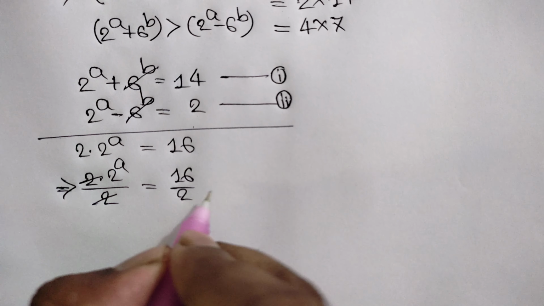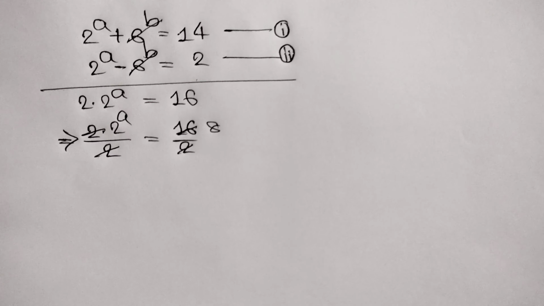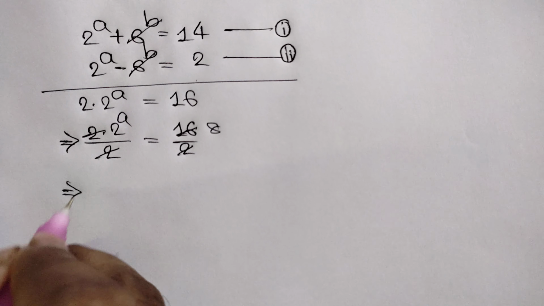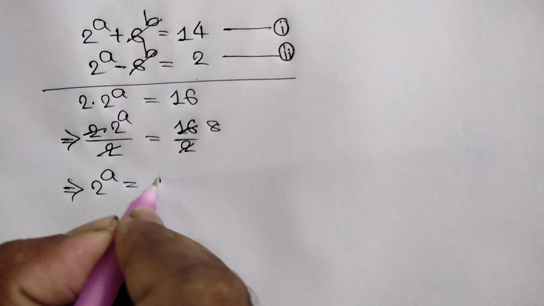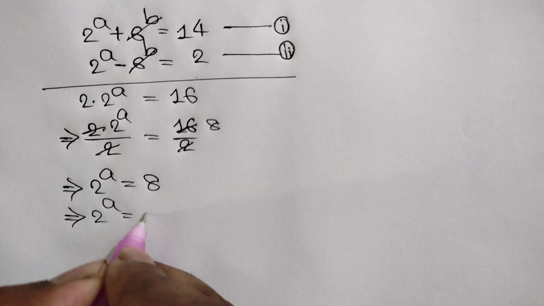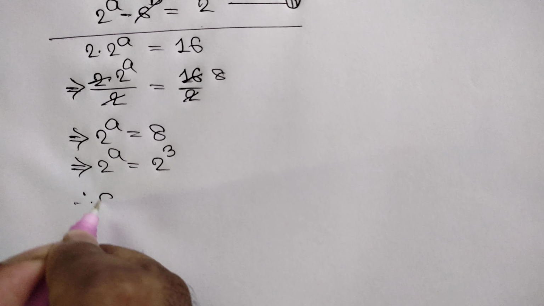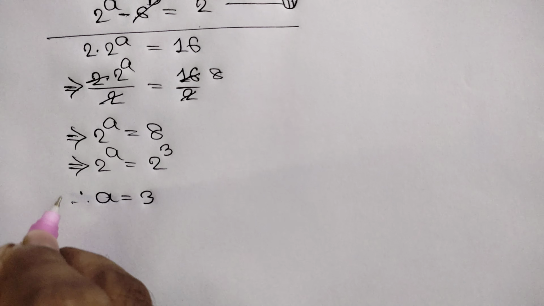Now the 2s cancel out, and 16 over 2 is 8. So 2 to the power a is equal to 8, or 2 to the power a is equal to 2 to the power 3. So finally we get the value of a is equal to 3.